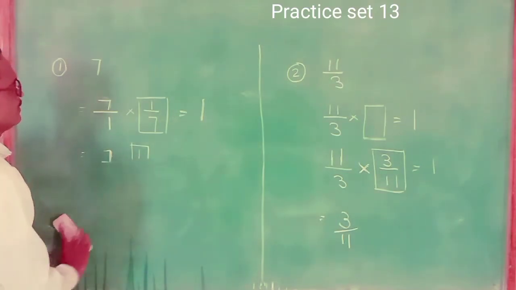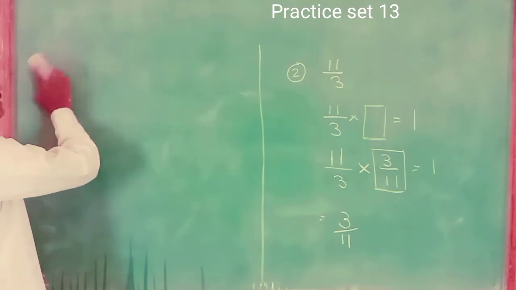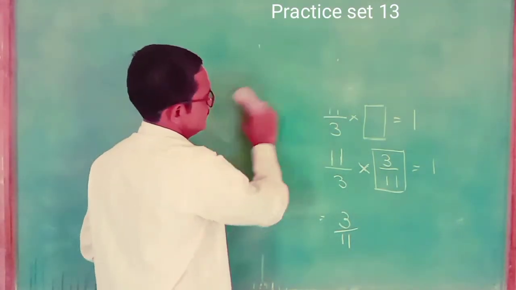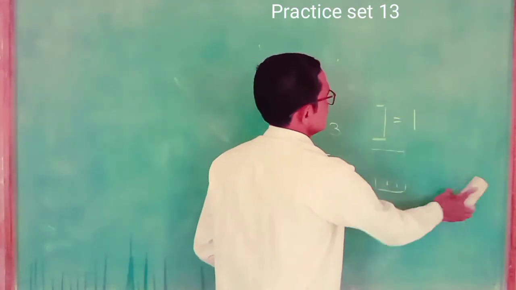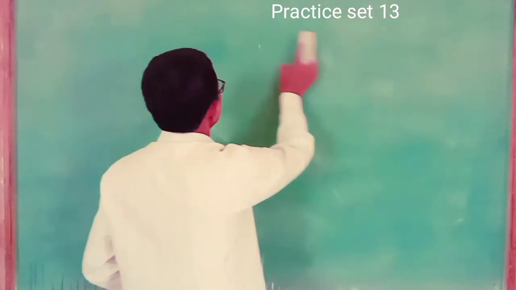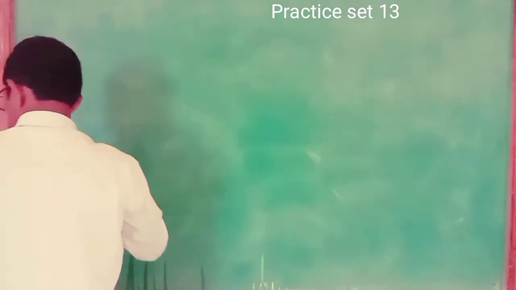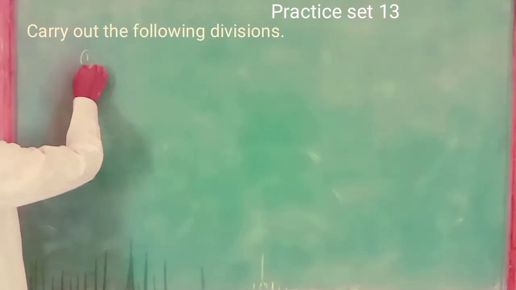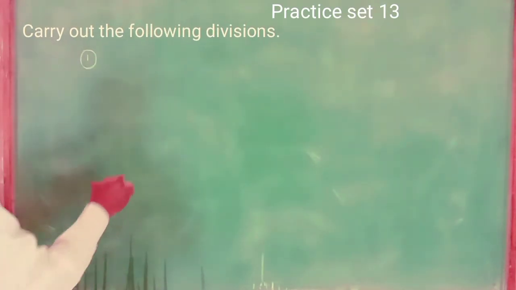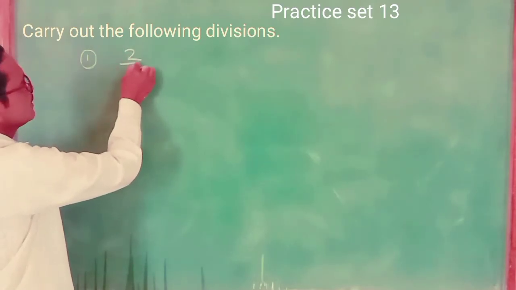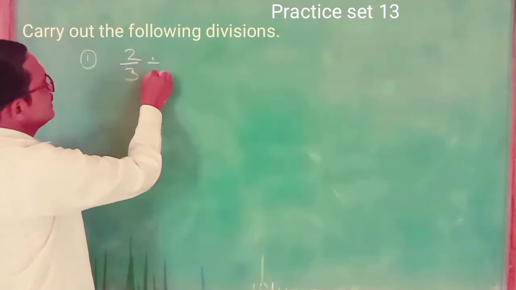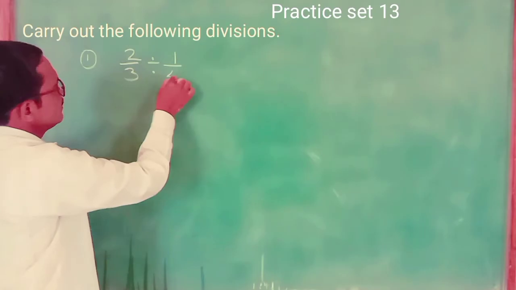Now let's solve another example, question number 2, that is, carry out the following division. First example, 2 upon 3 divided by 1 upon 4.